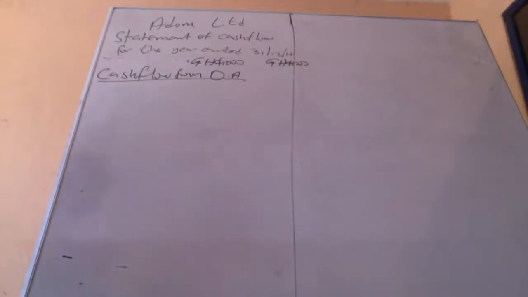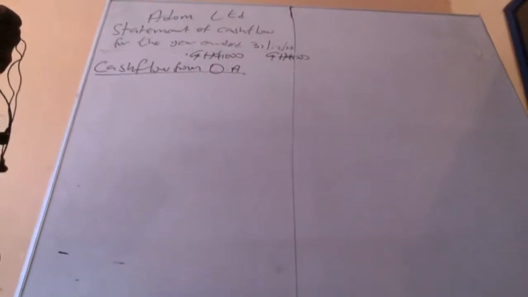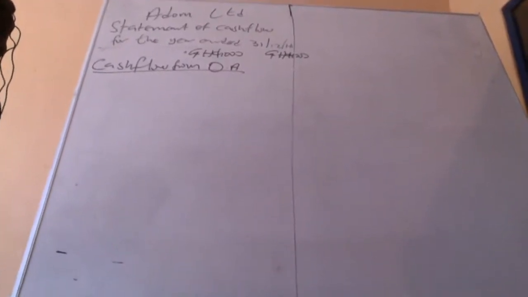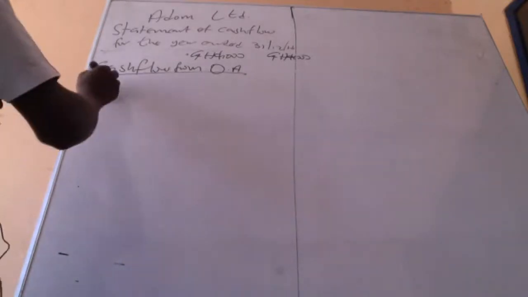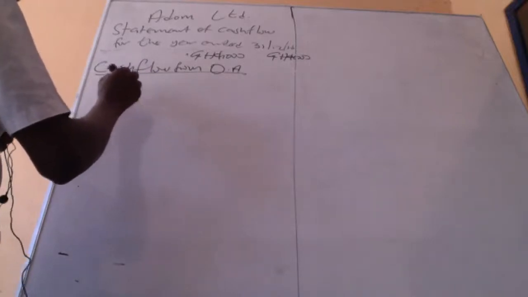Cash flow for operating activity, where do we start from? We normally start from where? Good. I'll take that. That's the profit before tax. Profit before tax. So let's go to the question.